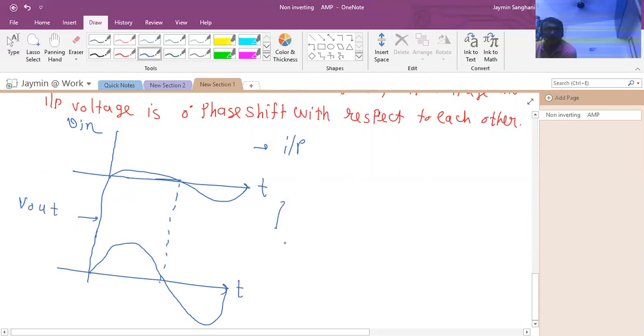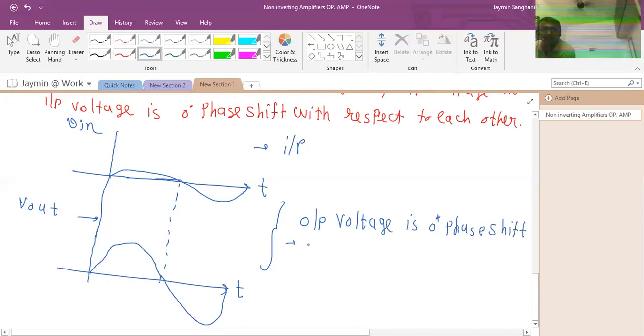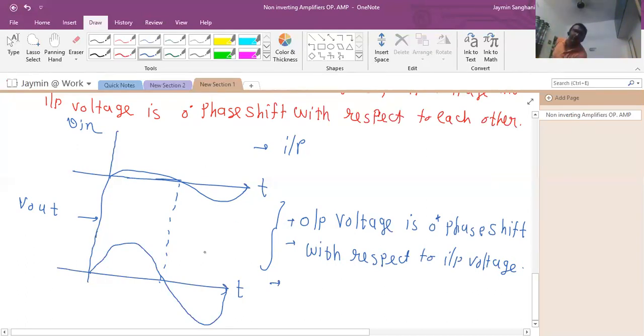So here the relationship: output voltage is 0 degree phase shift with respect to input voltage. So it is the waveform of input and output signal of non-inverting amplifier.